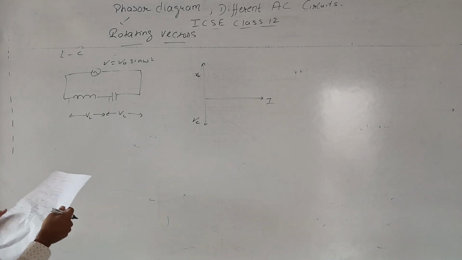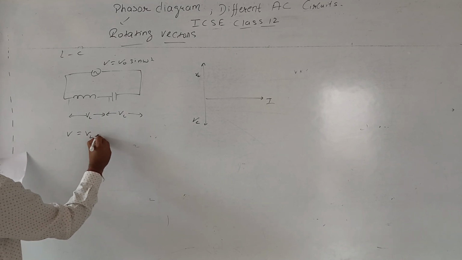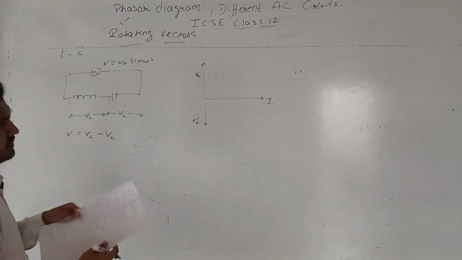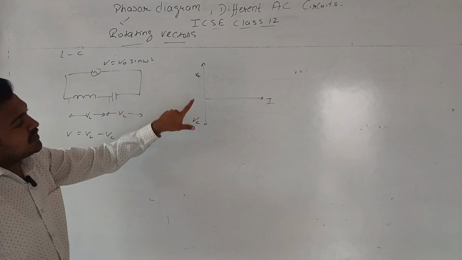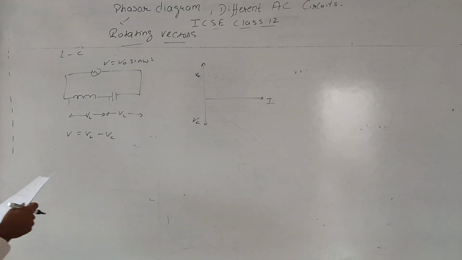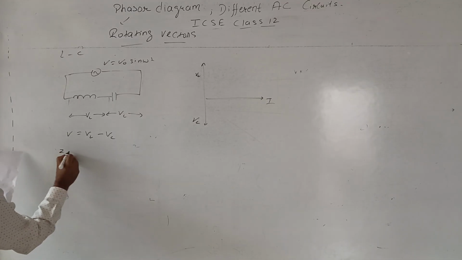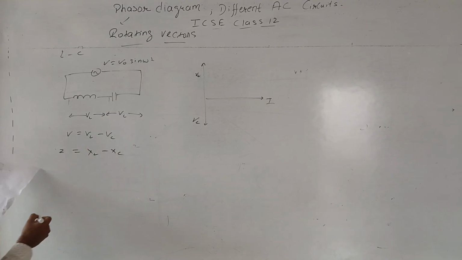So the resultant will be VL minus VC, because when vectors are directly opposite to each other, they can simply be subtracted. This will be their resultant, and the impedance will be XL minus XC.